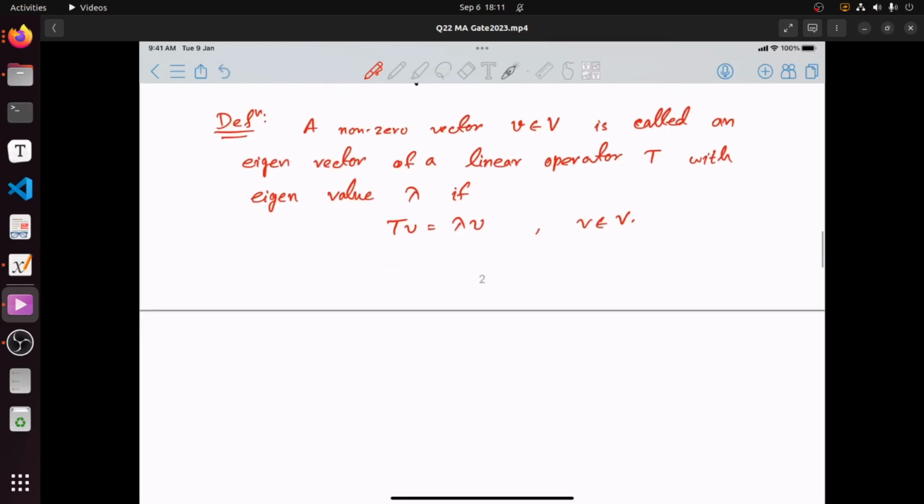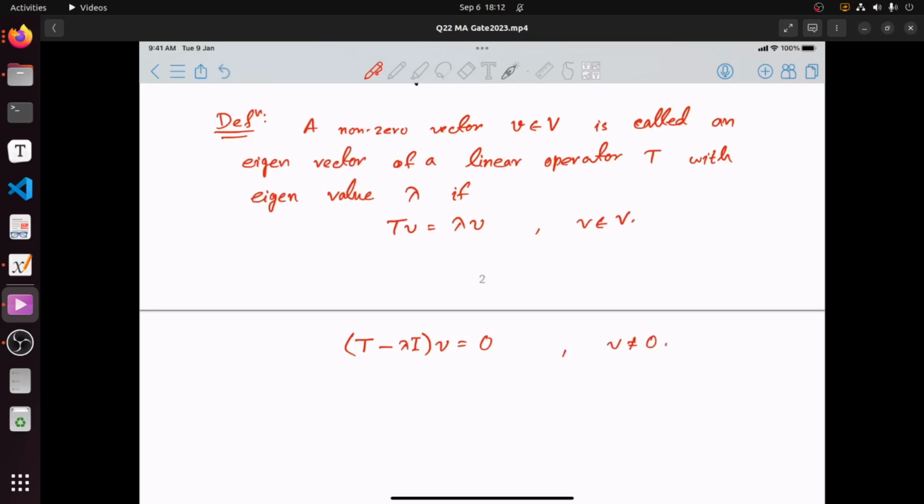You can also write this, taking it to this side, as T minus lambda applied to v is 0, which is the same as this. Here the identity operator is involved, so let me write it explicitly: (T minus lambda I) v is 0, where v is non-zero.